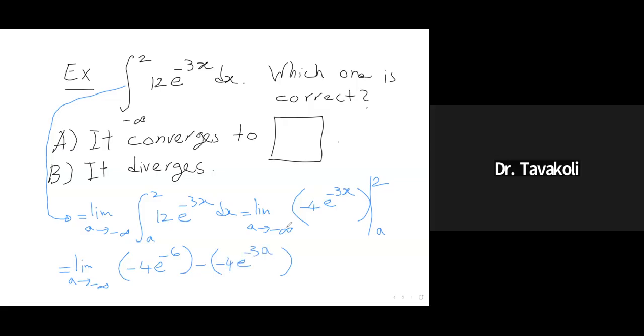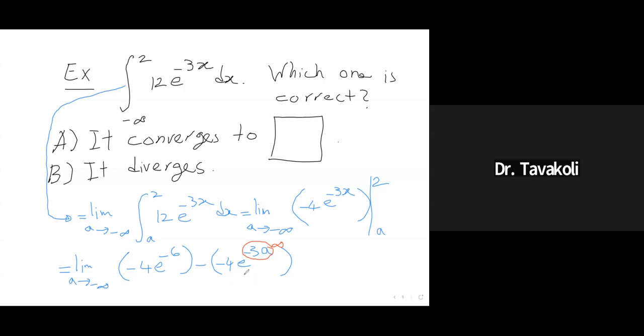So we just replace x by a. So first, let's see what happens to the parentheses which contains a. Be careful, a tends to minus infinity. If a tends to minus infinity, minus 3 times a becomes plus infinity. And e to the power of infinity is infinity.